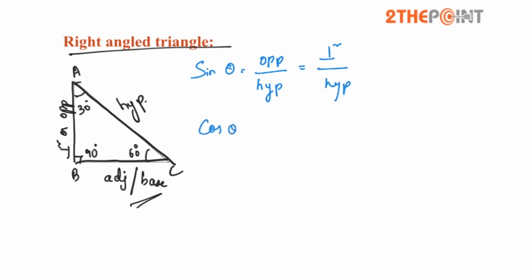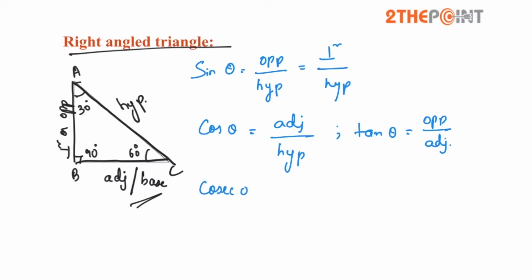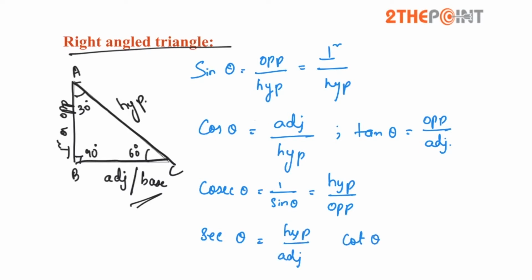And cos theta is equal to adjacent by hypotenuse. And tan theta is equal to opposite by adjacent. And we know that cosecant theta is the reciprocal of sin theta, which is equal to hypotenuse by opposite. Similarly, secant theta is equal to hypotenuse by adjacent and cot theta is equal to adjacent by opposite.